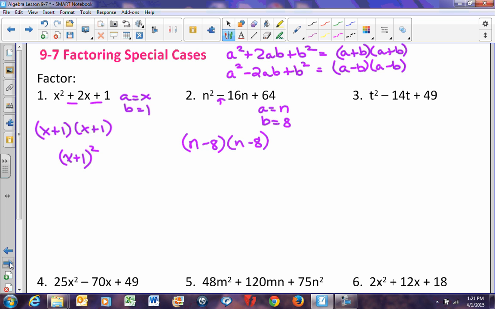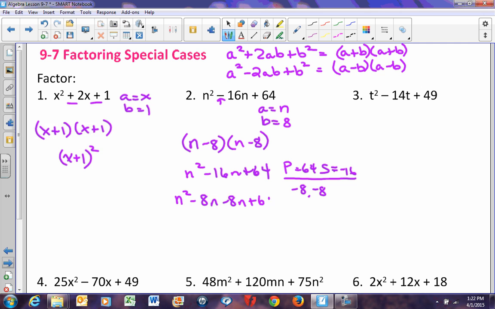Now let's say you didn't recognize it as a perfect square trinomial. Can I factor it like we've done before? Yes. If I looked at n squared minus 16n plus 64, I would need a product of 64 with a sum of negative 16. I'm looking at negative 8 and negative 8. So I would have n squared minus 8n minus 8n plus 64. Group the first two.